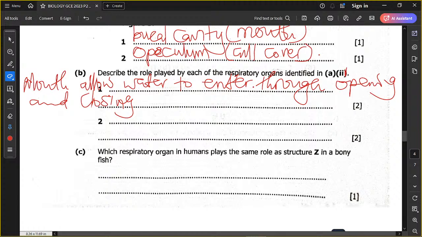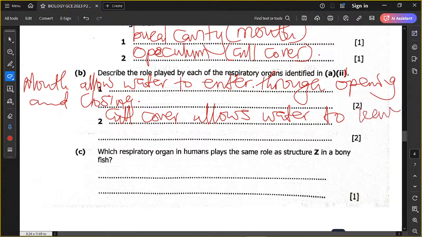We come to operculum, or the gill cover. Its function is to allow water to leave the mouth.